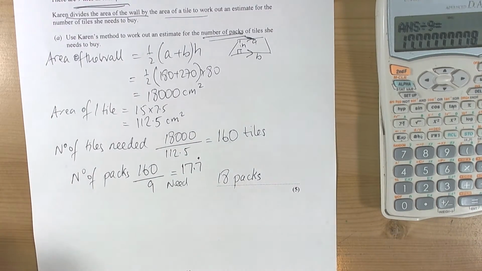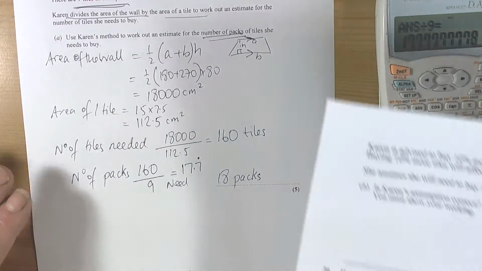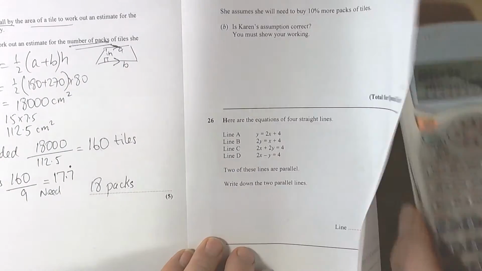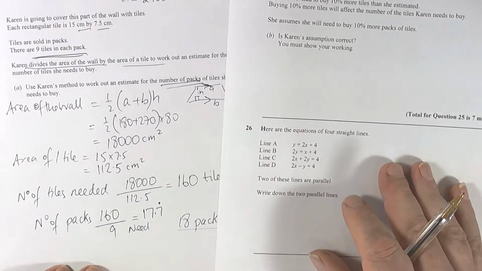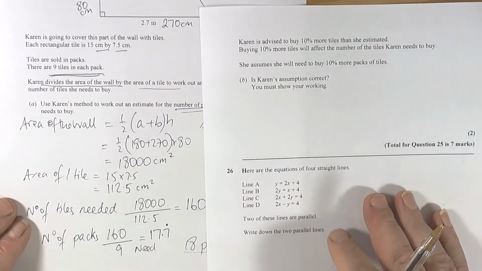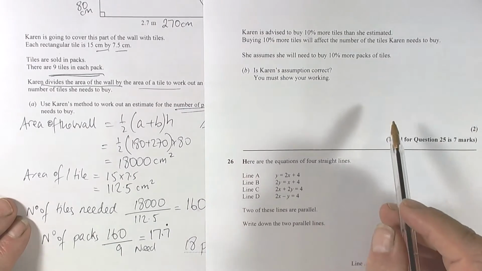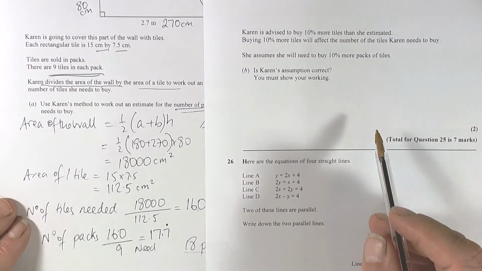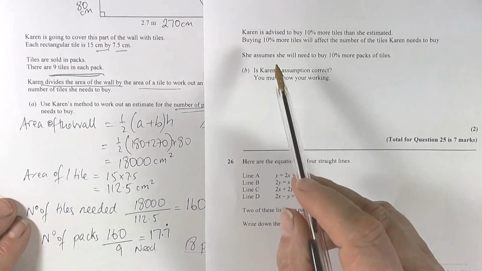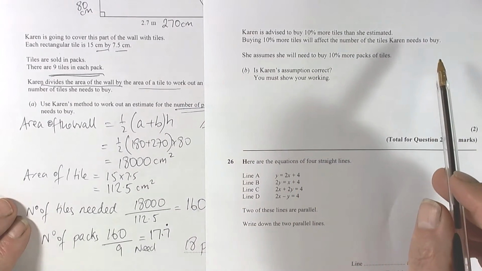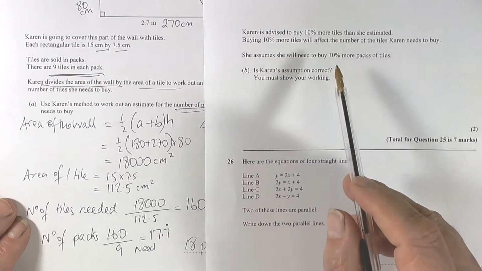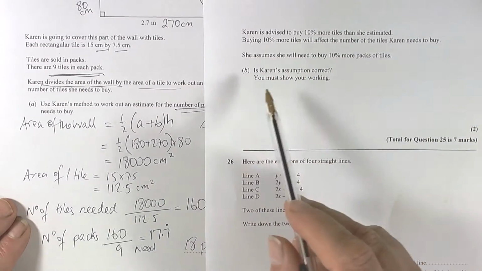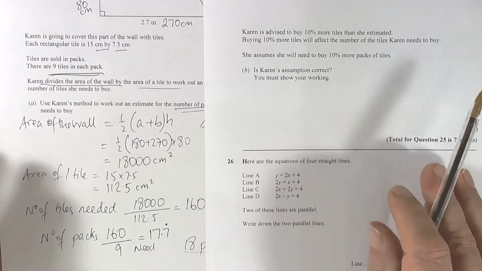Okay, so this question goes on and it asks us to work with this idea that we've worked out the number of packs was 18. She's advised to buy 10% more tiles than she estimated. So will buying 10% more tiles affect the number of packs Karen needs to buy? She assumes she will need to buy 10% more packs. Is Karen's assumption correct?